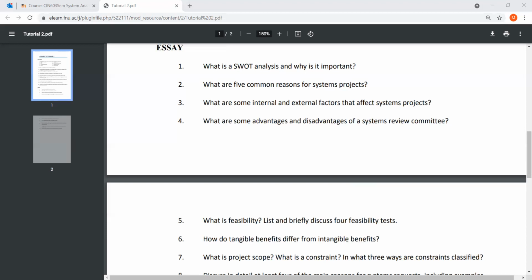Next point. Priorities can be set more effectively than any individual in the systems review committee.